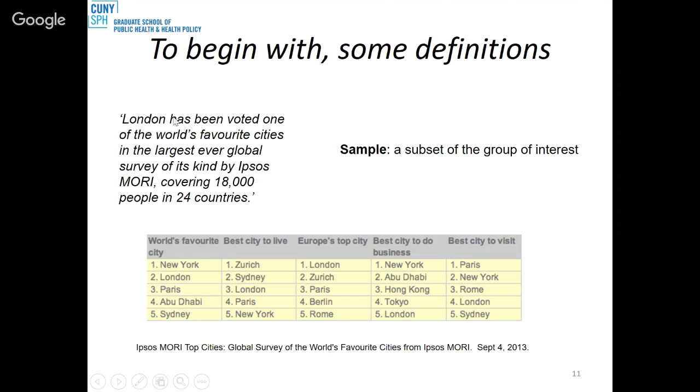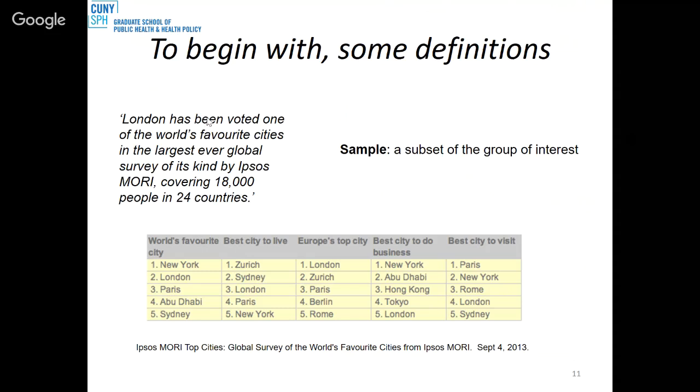And in spite of the headline, because this was from The Guardian, not from the New York Times, New York was the favorite overall and the best city to do business according to these people. But in this example, what is the population that this company Ipsos is studying? It's a non-obvious question. Yeah.